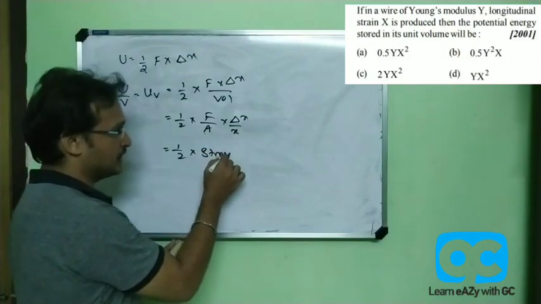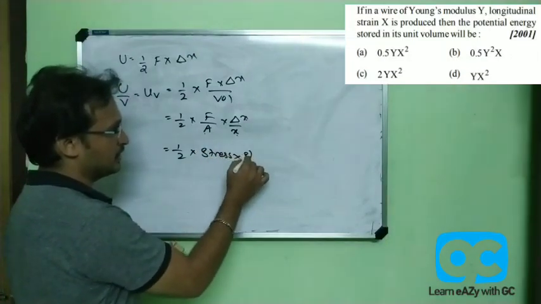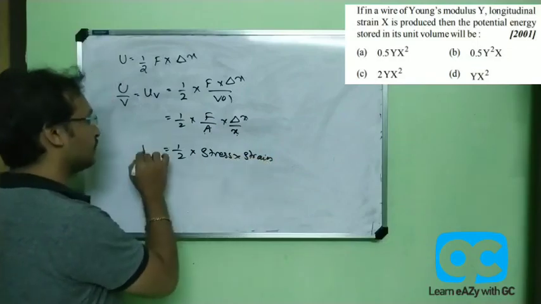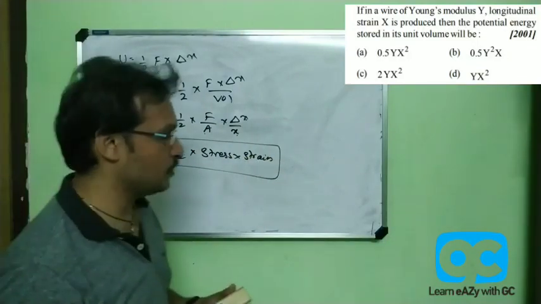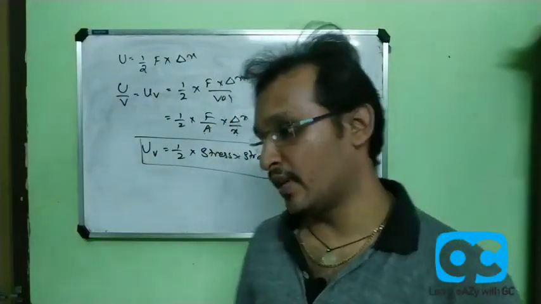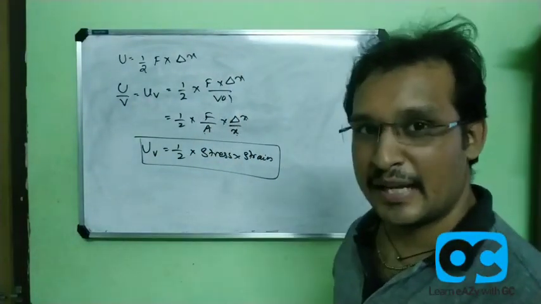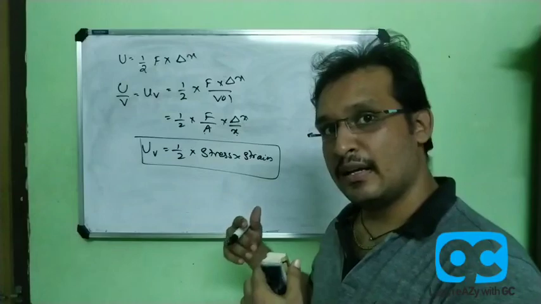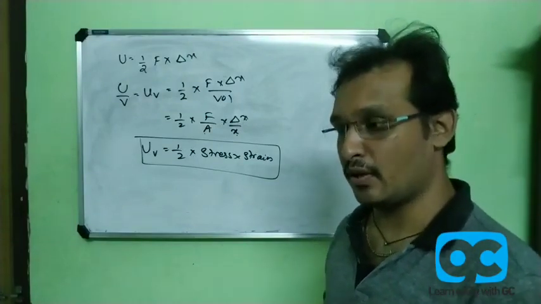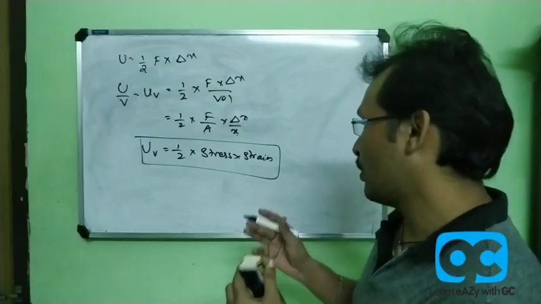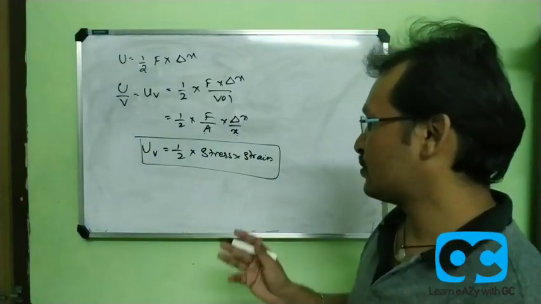Half into stress, and change in length by original length is strain. So learn this formula by heart: U V, energy stored per unit volume, equals half into stress into strain. It is a very important formula. Many times it is asked repeatedly in JEE, NEET, KEAM, and many exams. So you have to find half into stress into strain.